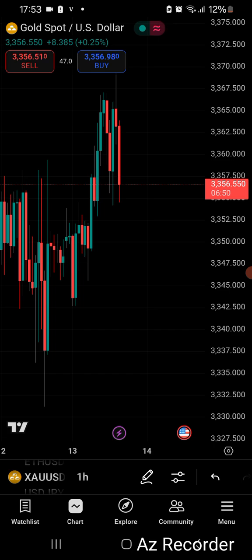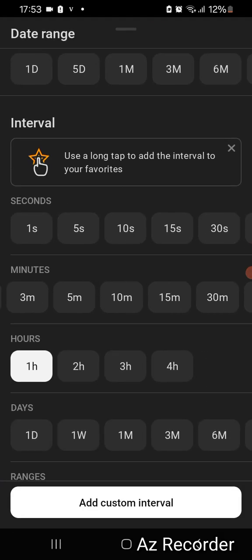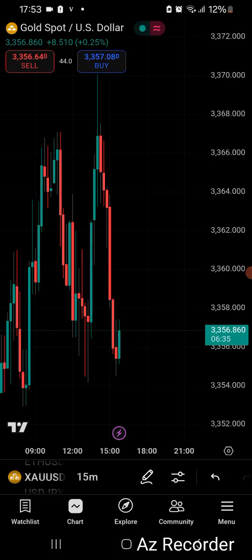The 1 hour chart is showing that sellers are trying to push price down, but there are way too many buyers, so eventually it's going to go up. Then I go back to the 15-minute chart and start looking for my entry signals.